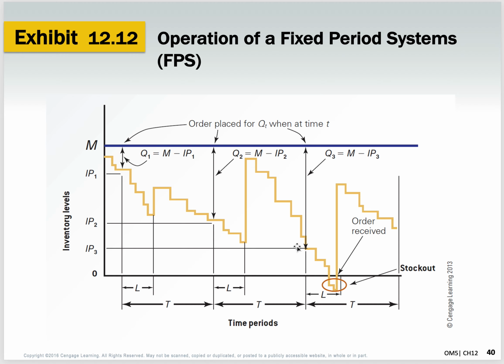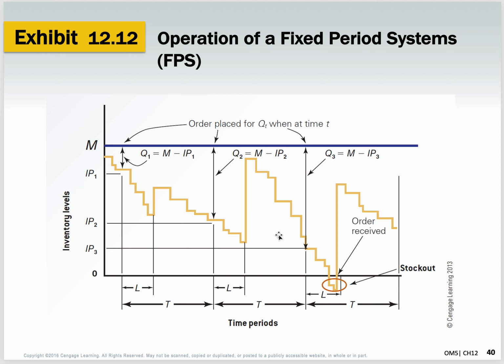Now, the next one, we see that, again, the draw off the inventory is steeper. So at inventory period 3, the period to place the next order is going to be here, because notice that the time is fixed, but now it drew down quicker from here to here. And sometimes the peak changes, right?